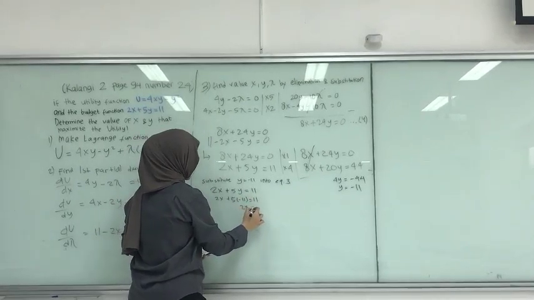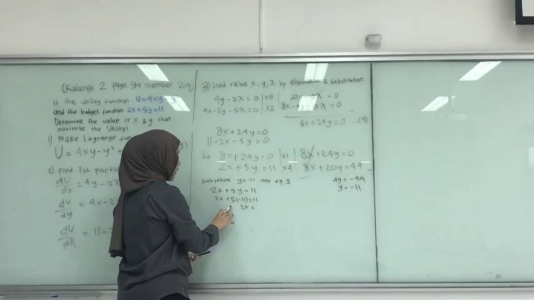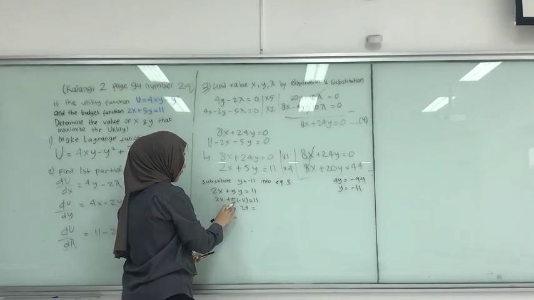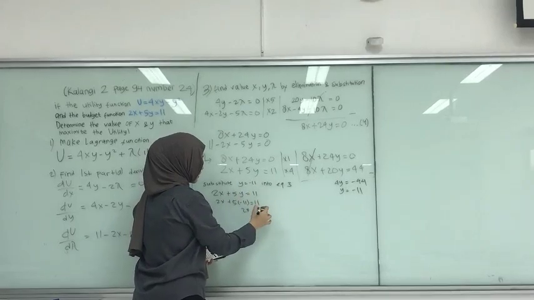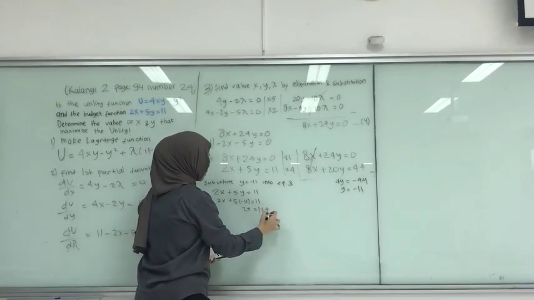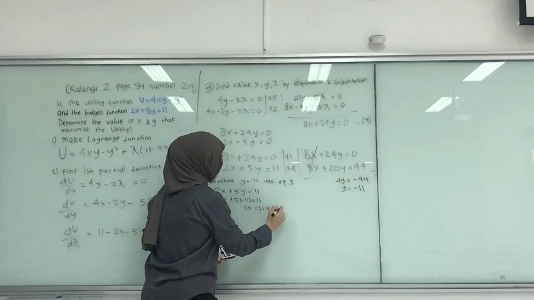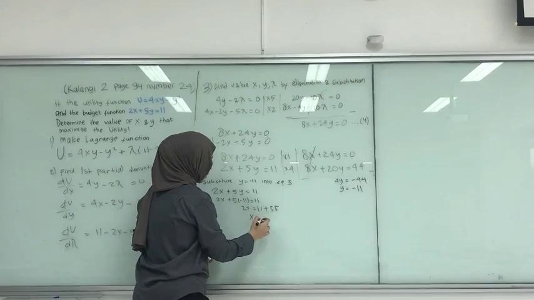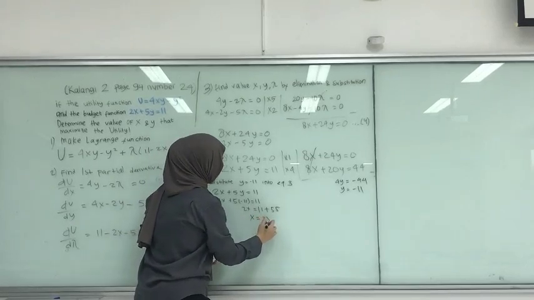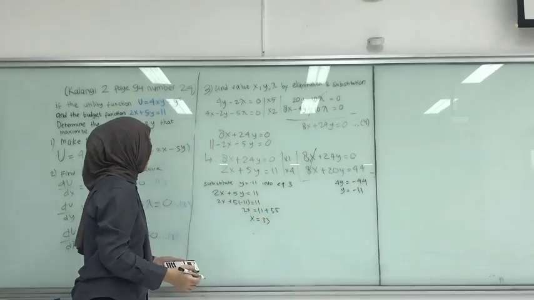So we got here minus 55, but we move it to the right side, should be plus, and we got x value 33, right?